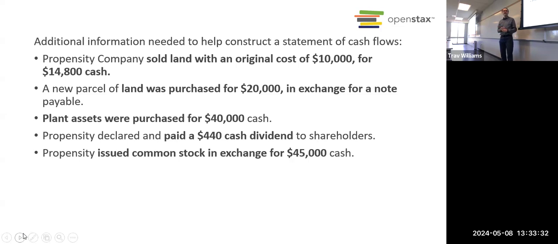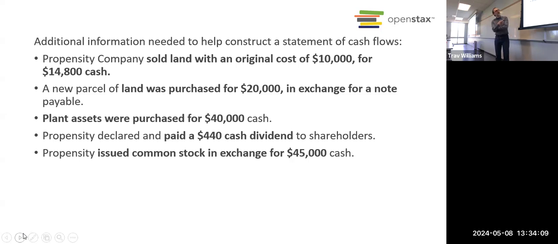Gain or loss? It's a gain, right? We sold it for more than the book value. And remember, land doesn't depreciate, so the book value is whatever we paid for it. Okay, and remember that with gains, that's one of the adjustments. We have to reverse that gain to get it out of the operating section because this $14,800 of cash we received from selling the land belongs in the investing section, not the operating section.